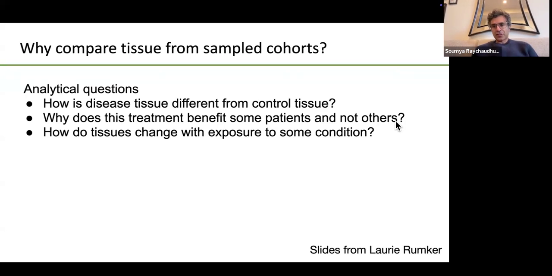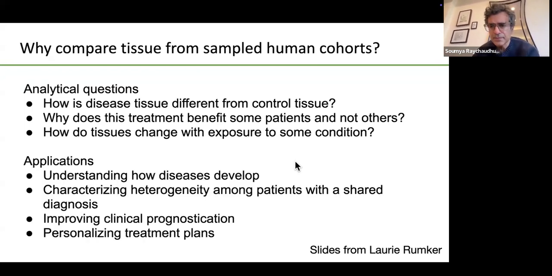If we have data on patients before they're treated, can we tell what predicts who's going to respond and who doesn't? If we look at tissues before and after treatment or after disease progression, can we find the cell states and cell types that are really changing in the most dramatic way? So we want to be able to do these cross-sample comparisons. The benefits are that we can understand how diseases develop, and we can characterize heterogeneity between patients.